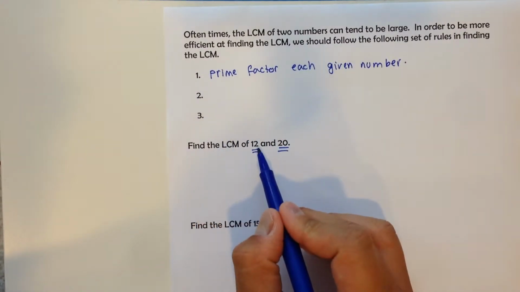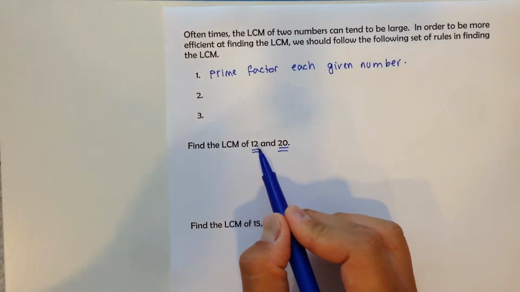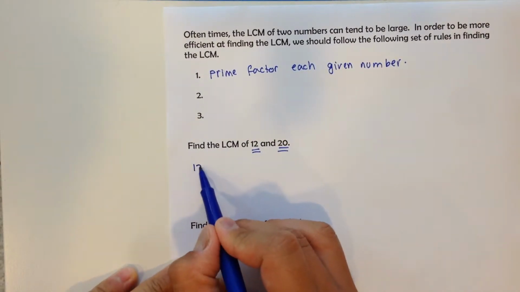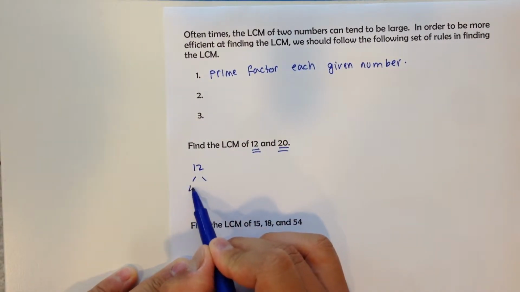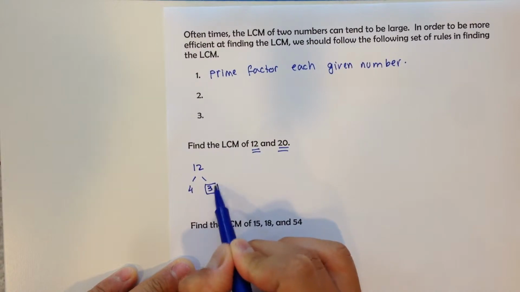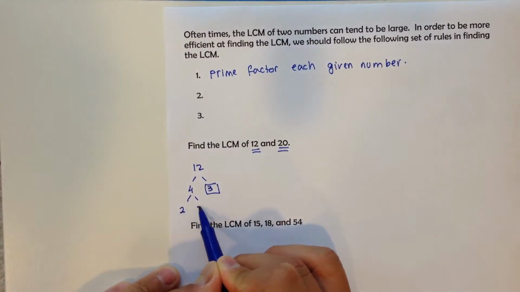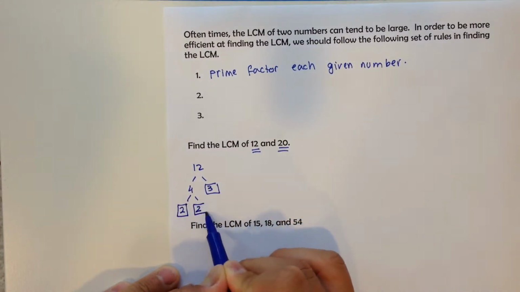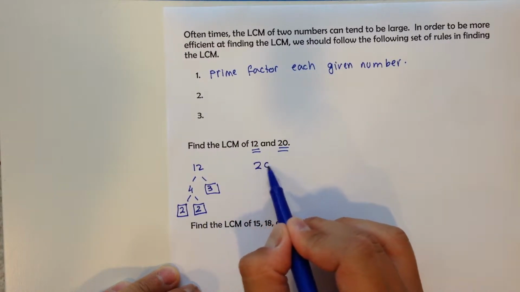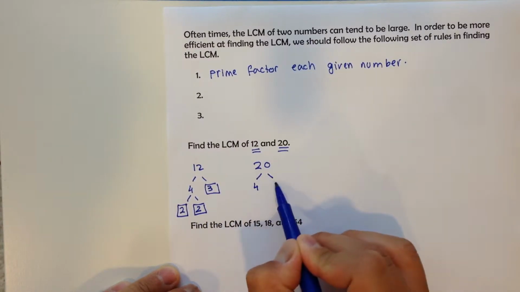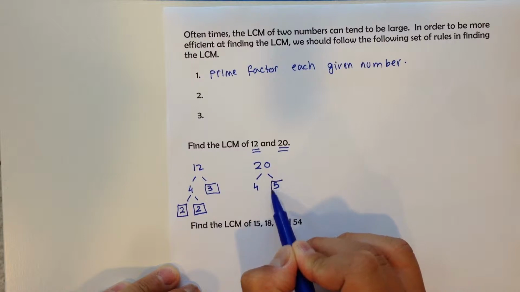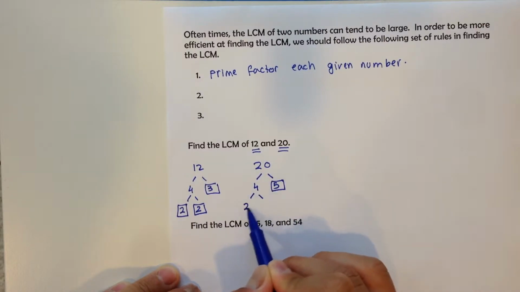So first thing I'll do is I will prime factor the number 12. So 12 is 4 times 3, and then 4 is 2 times 2. Alright, and then prime factor 20. 20 is 4 times 5, and then 4 becomes 2 times 2.